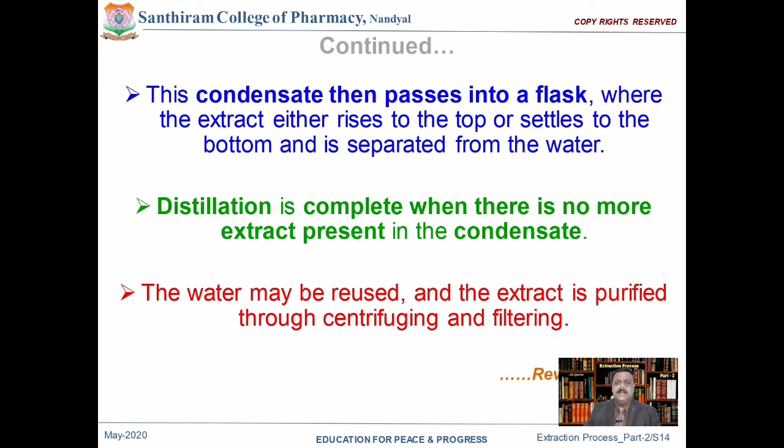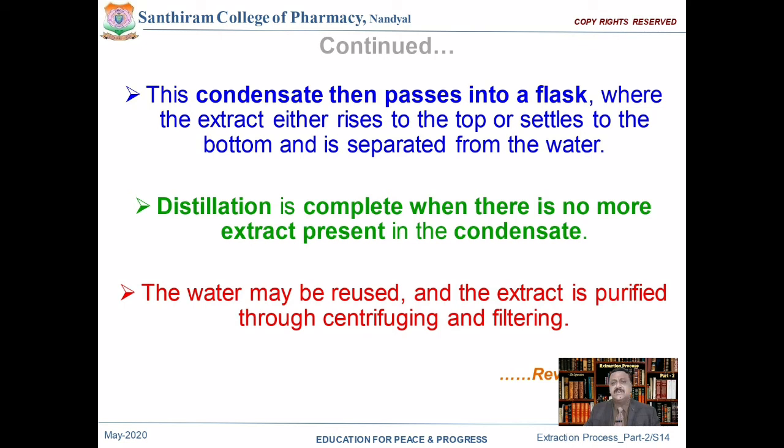and this condensate then passes into the flask where the extract either rises to the top or settles to the bottom based on its density, as I told you earlier, and it is separated from the solvent or from the water.